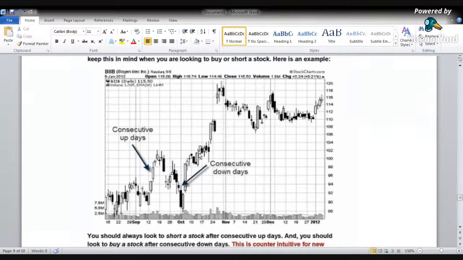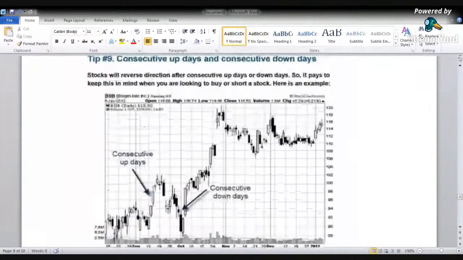Other thing is when you see a consecutive down, kung ang presyo naman ay tuloy-tuloy yung pag-down, we expect that there must be a reversal. So we'll go back to this chart. We will see a sample chart in the stock market. So we're going to a stock market example.